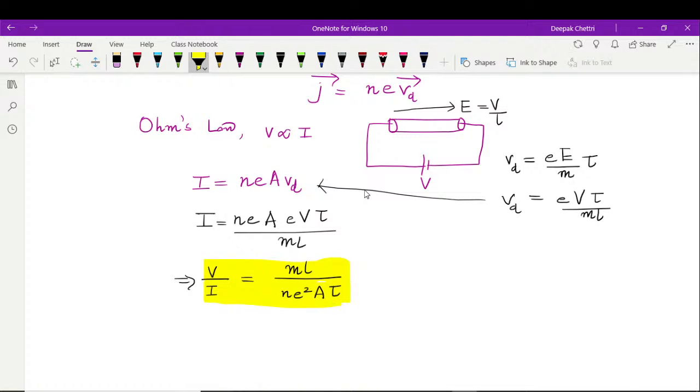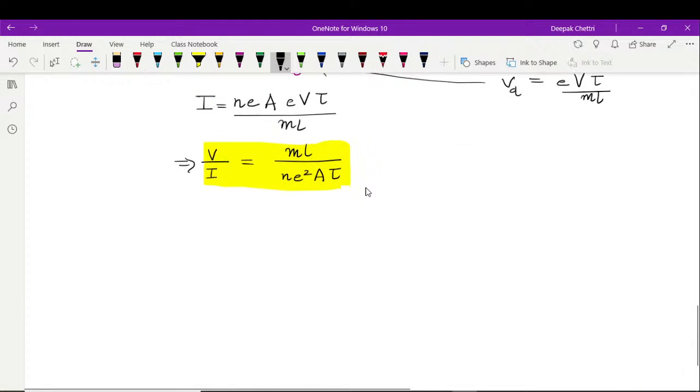Now if you look at the right hand side, everything is a constant here. m is a constant, it is the mass of the electron. L is the length of the conductor, which is also a constant. n is the number of free electrons per unit volume, which will be a constant. e is the charge of electron. A is the area of the conductor cross section, sorry, and tau is the relaxation time. That will also be a constant provided temperature is the same, right?